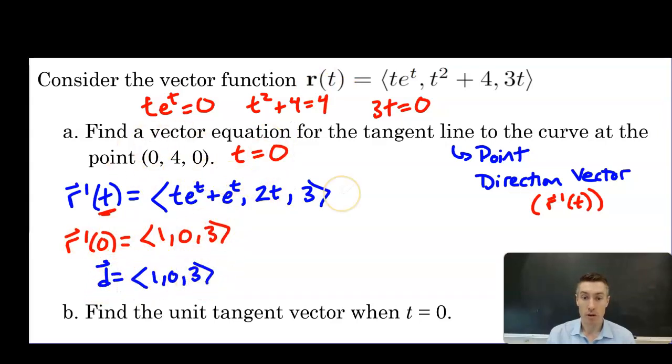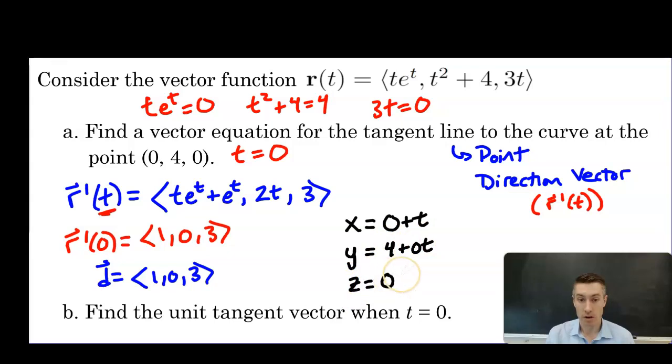We have our point 0, 4, 0. So the equation of the line is going to be x equals 0 plus t, y equals 4 plus 0t, z equals 0 plus 3t. Are the zeros all necessary? No. Most likely you're just going to write this as x equals t, y equals 4, z equals 3t.